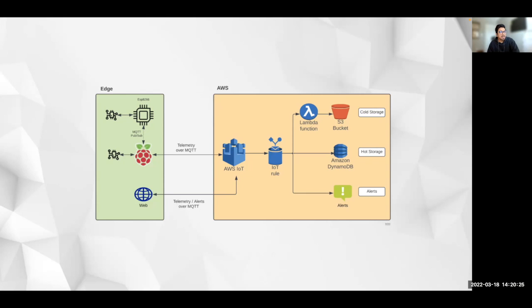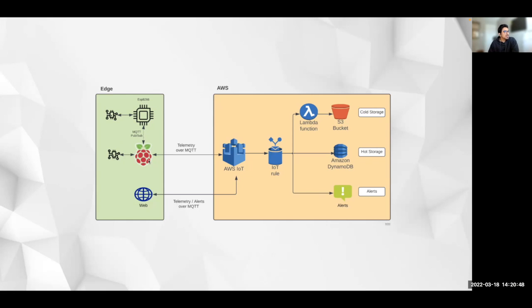The next thing is that I'm not running any compute-heavy workloads on the edge. It is a fairly simple application, and I chose to use AWS IoT Core, which is very apt for this use case.